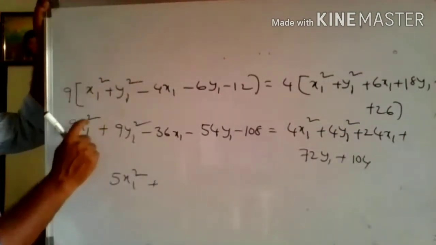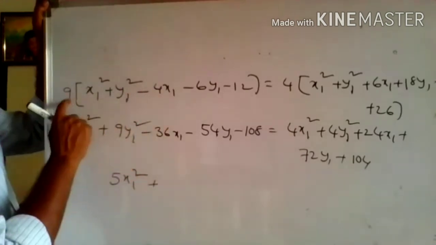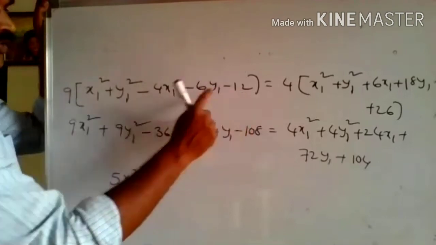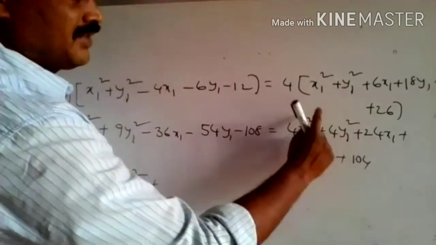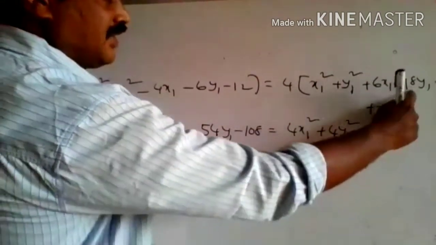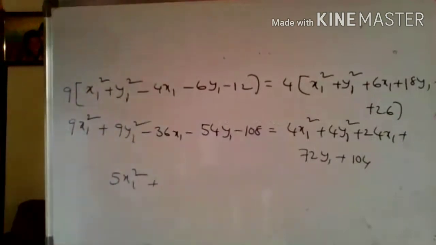Multiplying by 9: 9x1 square, 9y1 square, 36x1, 54y1, 108 is equal to 4x1 square, 4y1 square plus 24x1, 72y1, 104.